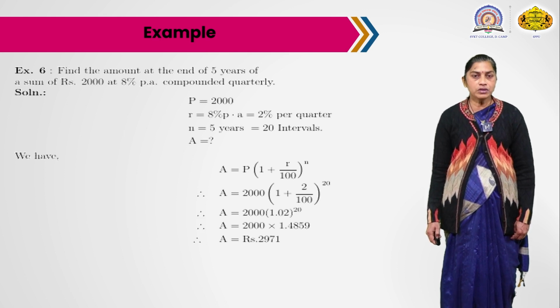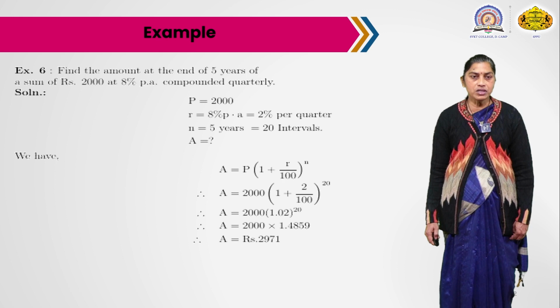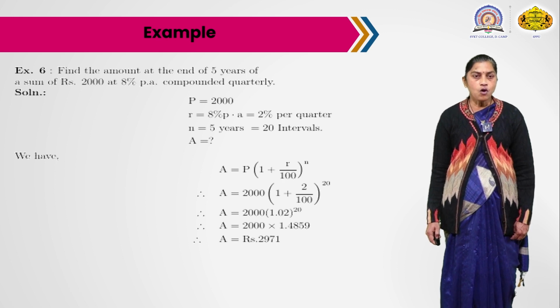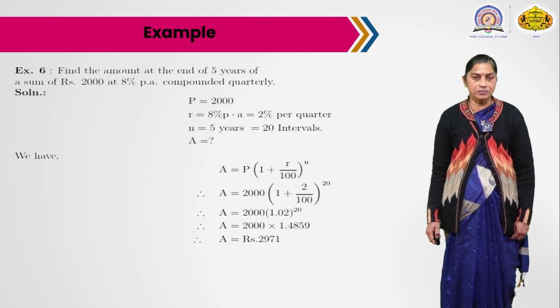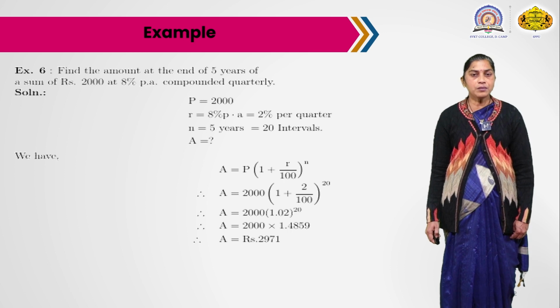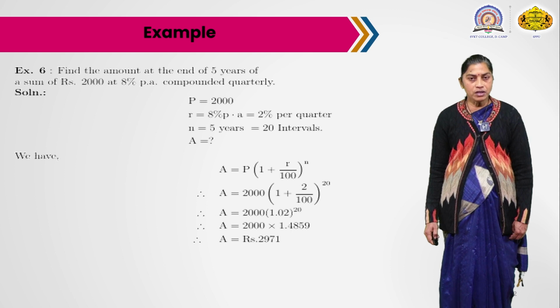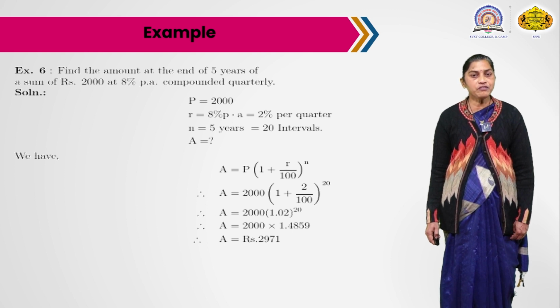Now, see the next example. Find the amount at the end of 5 years of a sum of rupees 2000 at 8% per annum compounded quarterly. In the previous example, we saw compounded half yearly, and when it is compounded half yearly and n is given in terms of years, we have to multiply by 2. If it is compounded quarterly, we have to multiply it by 4.